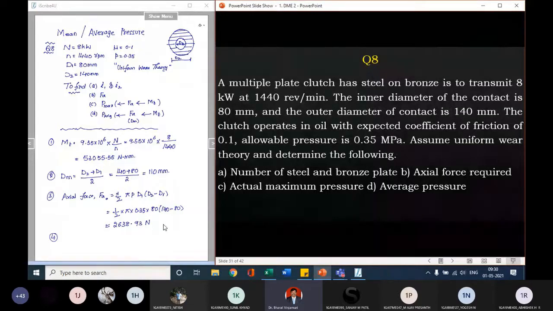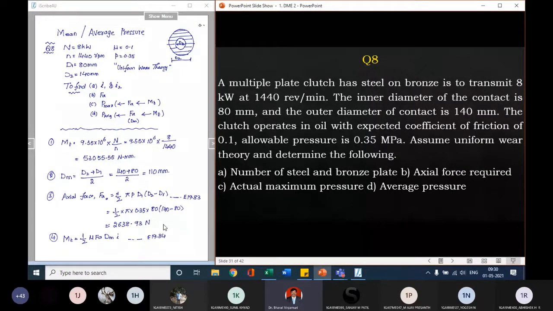Then your next step, you have the torque equation, because my focus is to find I1 and I2. So MT is equal to half mu FA dm into I. Wherever possible, write the equation numbers, equation number 19.83, equation number 19.84.